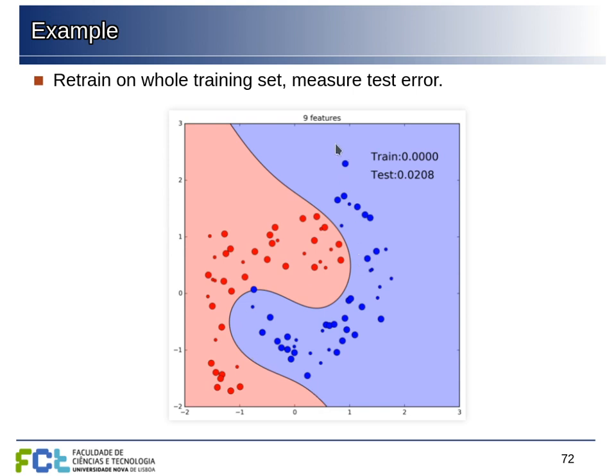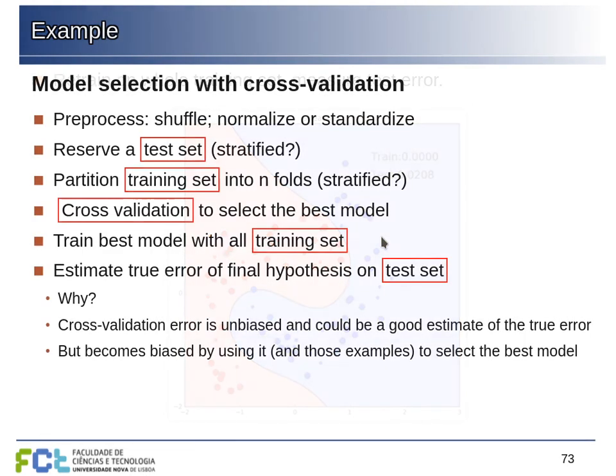So this would be using 9 features for the whole training set. And now we can run this on the test set and see what are the errors that we get on the test set and obtain an unbiased estimate of the true error for this final classifier.